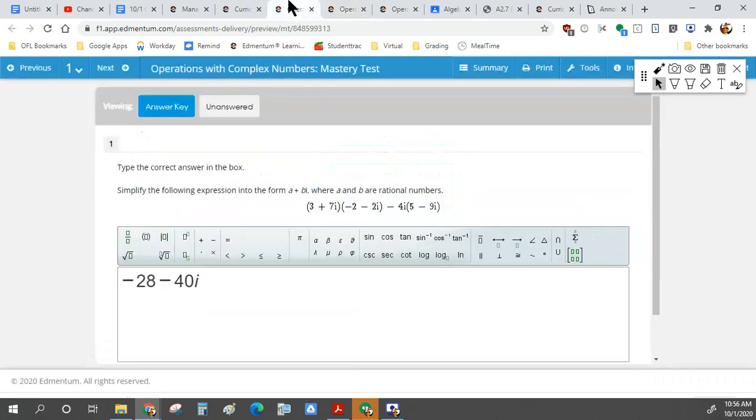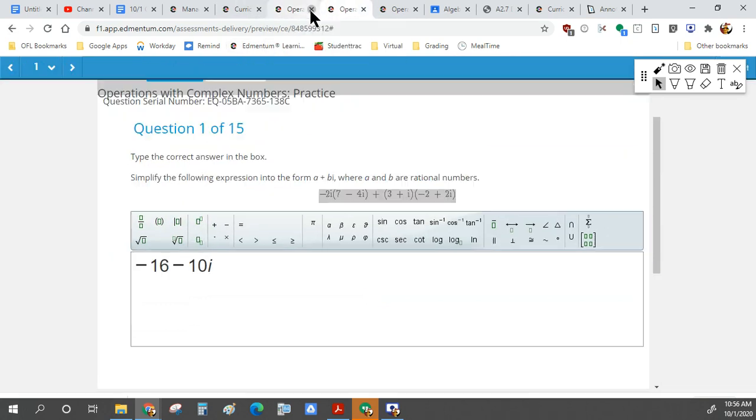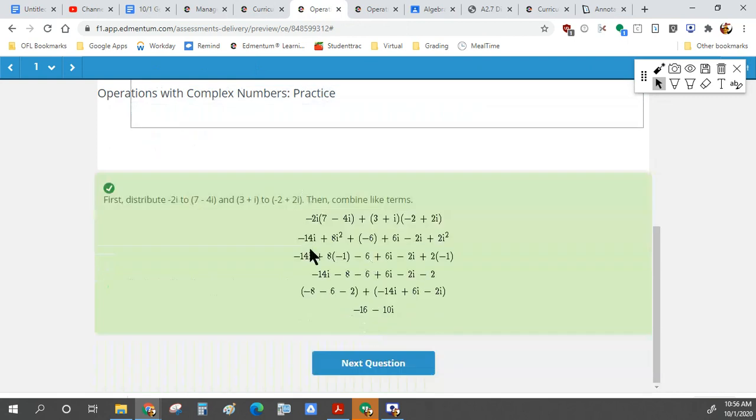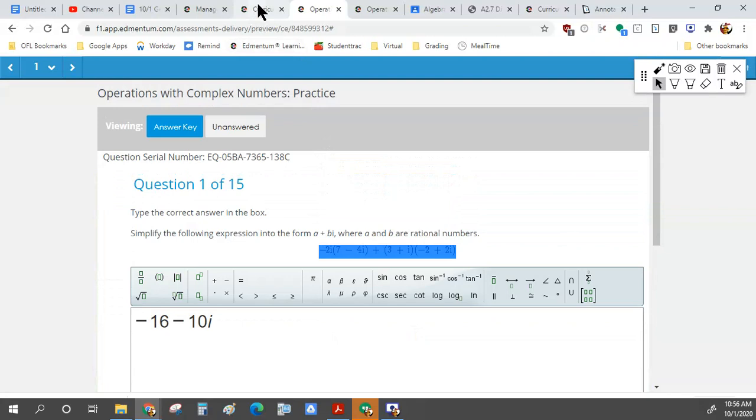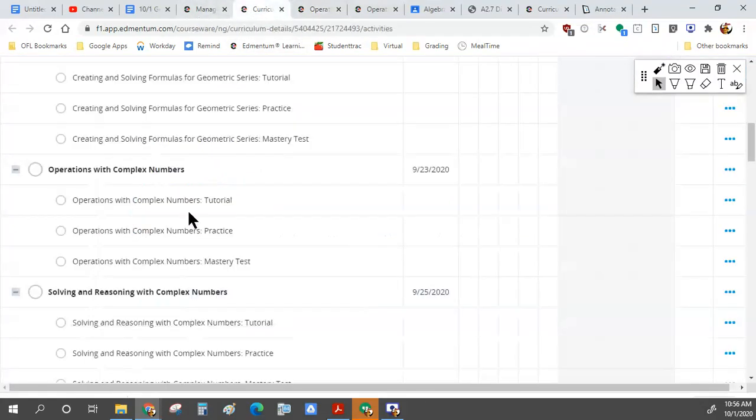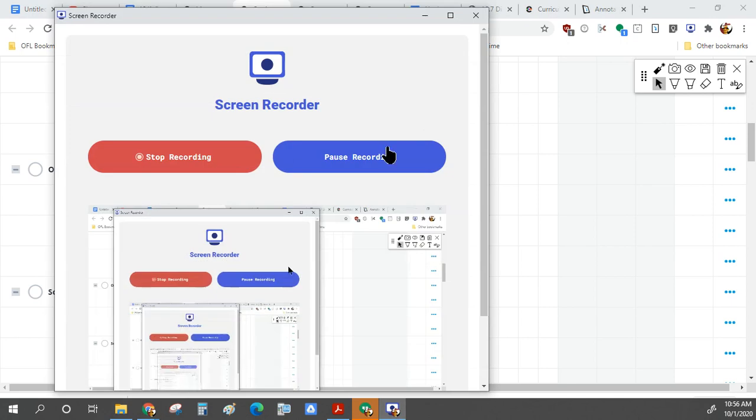So if you guys are behind, this is a good way of learning, is just taking the practice over and over again and studying what this means. So if you guys like learning by doing, that's a great way of doing it. And guess what? The practice doesn't count against you. You could get like 0 on the practice like 100 times and it won't count against you. And meanwhile, you're taking notes and you're understanding how to do it. So let me stop and save the recording.